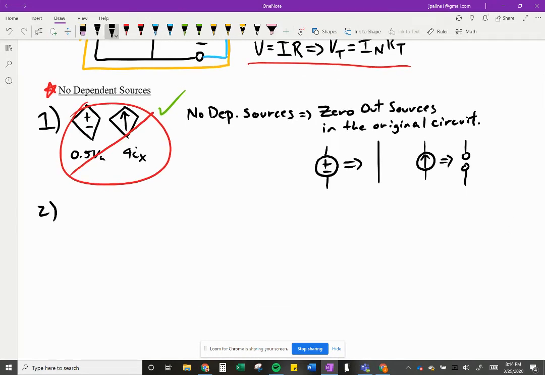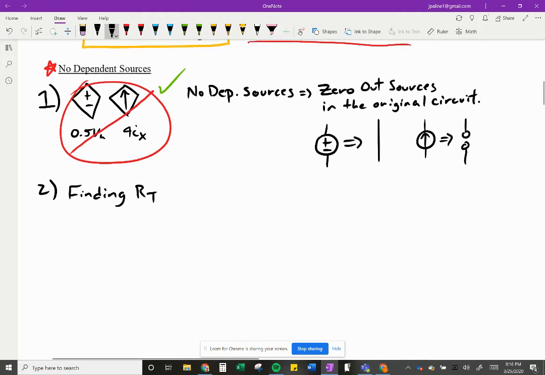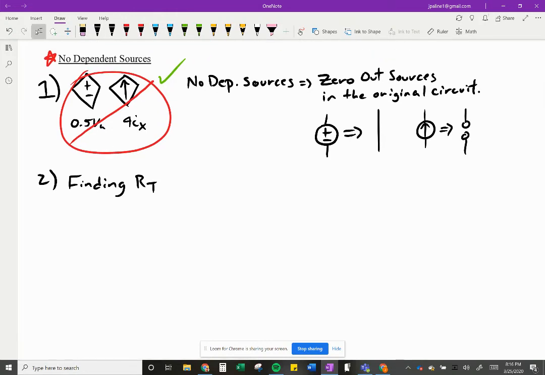Step two involves finding our R Thevenin. Okay, so what that means is that we're going to treat VOC like a battery.